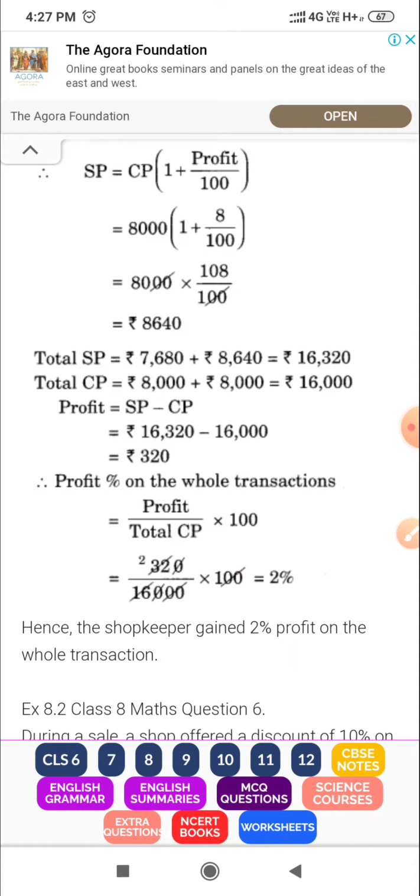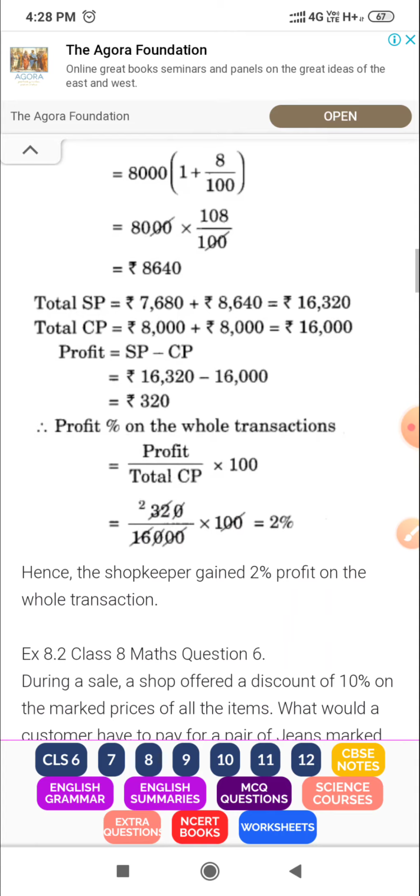To find the total SP, we will add the selling price of TV and the selling price of VCR. Selling price of VCR is rupees 7,680, and selling price of TV is rupees 8,640, and their sum is 16,320.